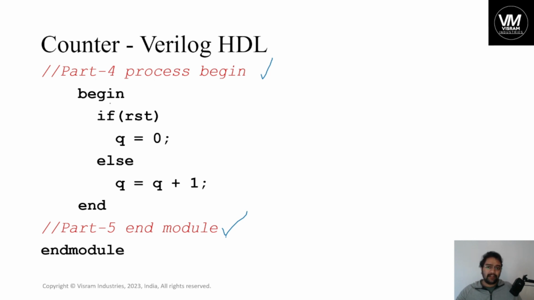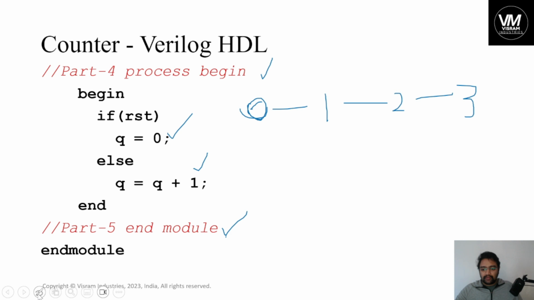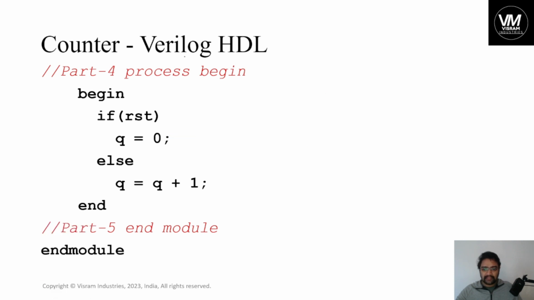Whatever the functionality of the counter is, right? The counter should start from 0 and it should increment. Increment is the basic operation. So it should increment from 0 to 1, 2 to 3, and it should go beyond this. So this is what it should look like. And then part 5, end module.